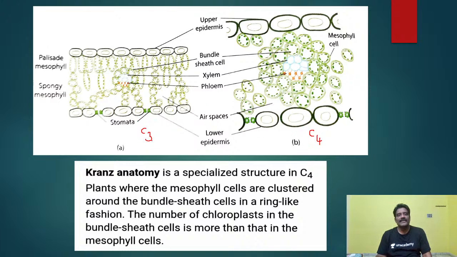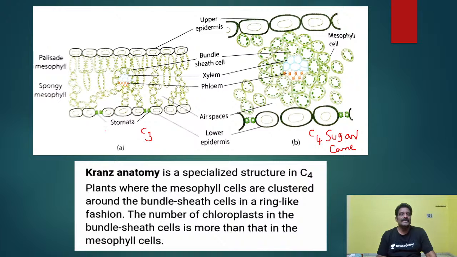C4 plants are different from C3 plants. What are C4 plants? Some examples are sugarcane, jowar, and pearl millets, like that, in which the C4 cycle, the C4 pathway, happens.